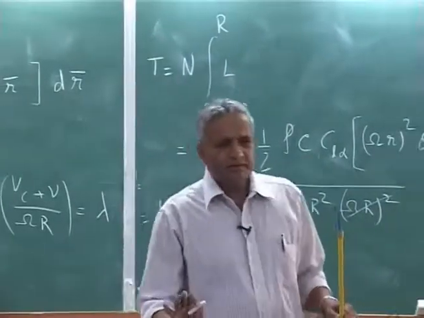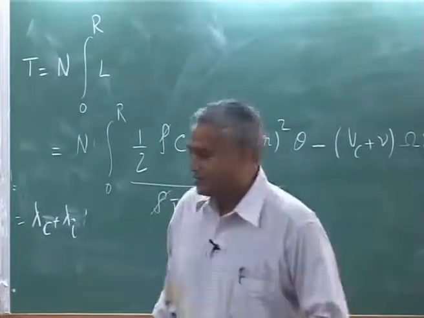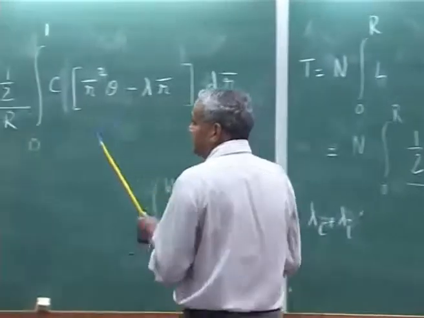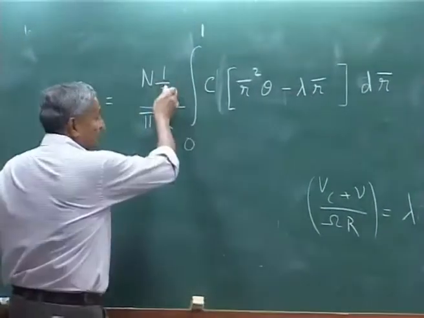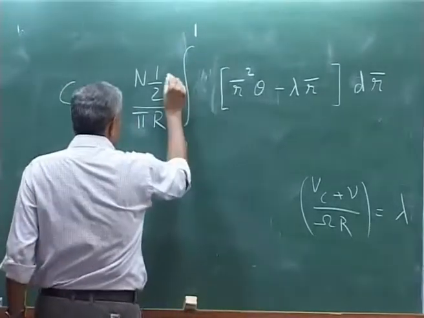Now, if you assume it is a constant chord, okay, then you can take out the constant chord, means c also outside. So, I will take the c outside.